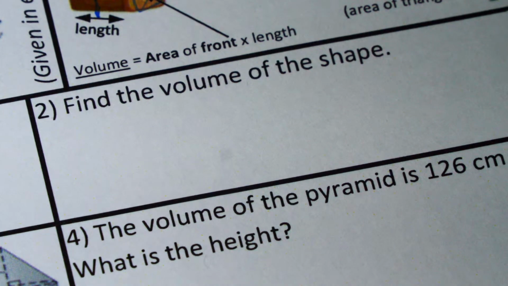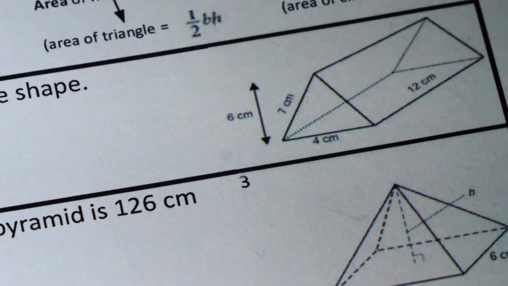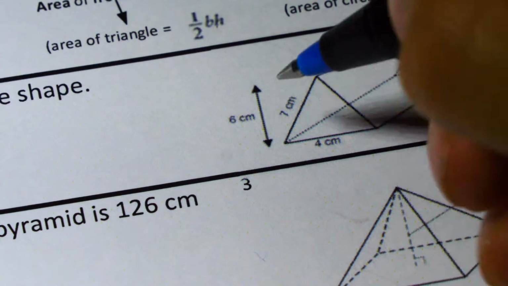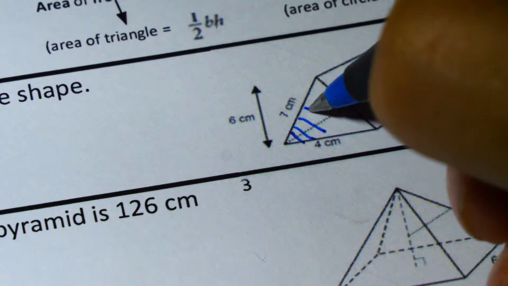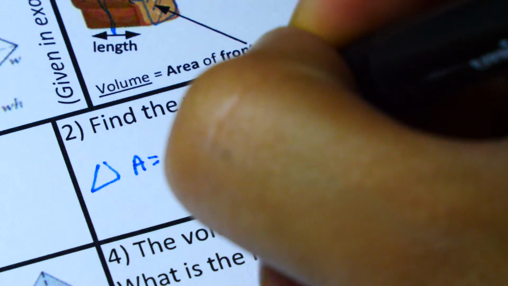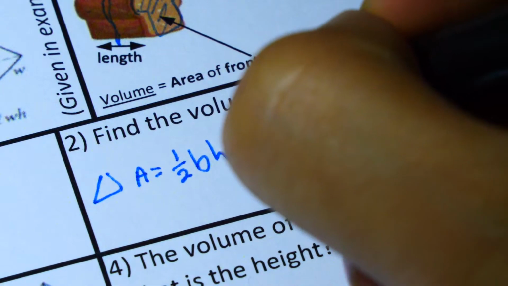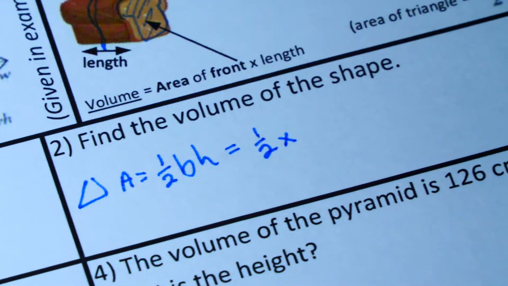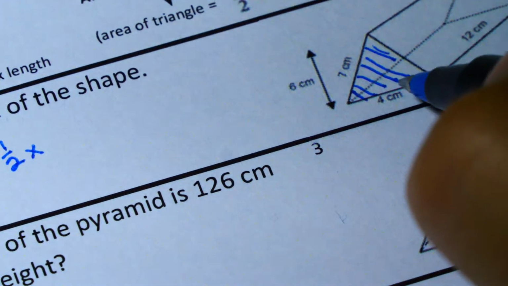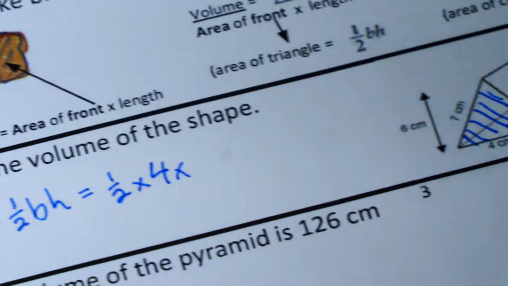Question 2. Find the volume of this shape. This is a prism. First we have to find the area of the front face. This is the area of a triangle. Area equals half base times height, equals half times the base of this triangle, which is 4, times the height.